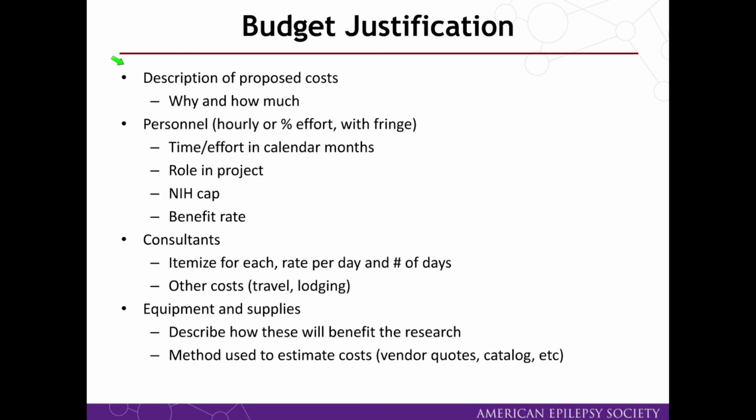You'll also need to provide a budget justification, which is a description of the proposed costs, description of the time and effort of the personnel who will be working on the study, any consultants that are going to be participating in the study, and then details of the equipment and supplies and some estimate of the cost for those.